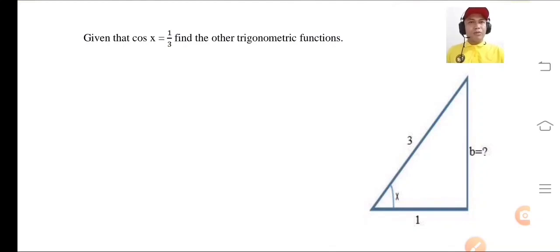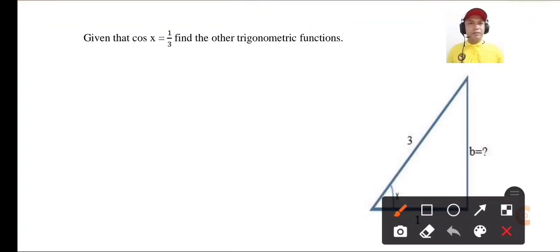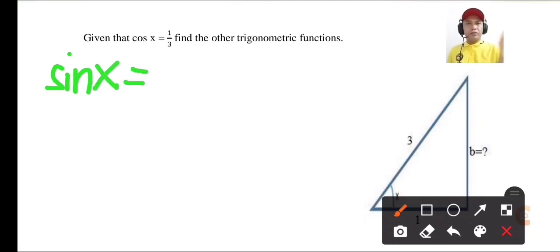So with the basis of x, sine x is equal to opposite over the hypotenuse. So sine x is equal to opposite, that is b, over 3.